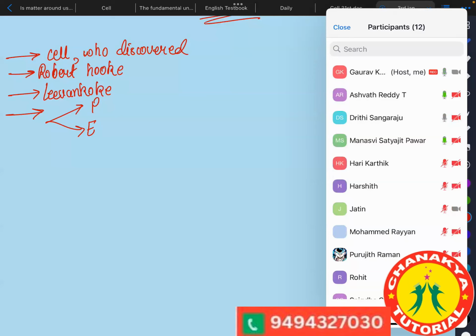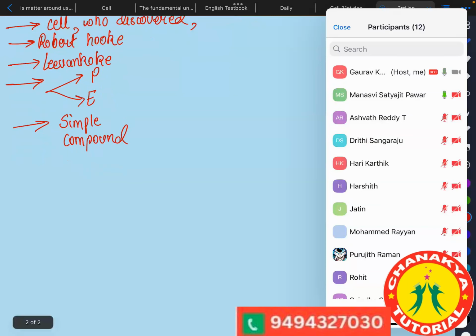Unicellular and multicellular. Very good. We also learned that we can differentiate cells because of the variation in number, variation in size, and variation in shape. We have seen the simple microscope, and we have seen the compound microscope, isn't it?